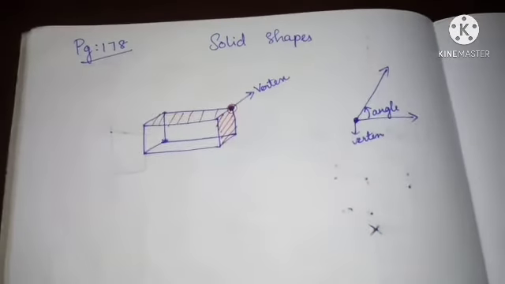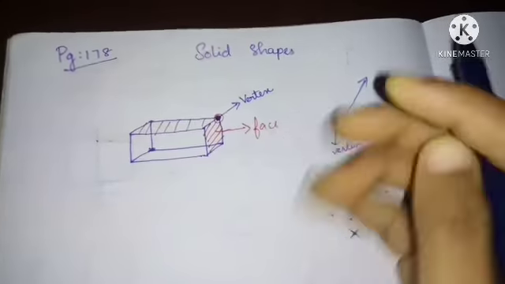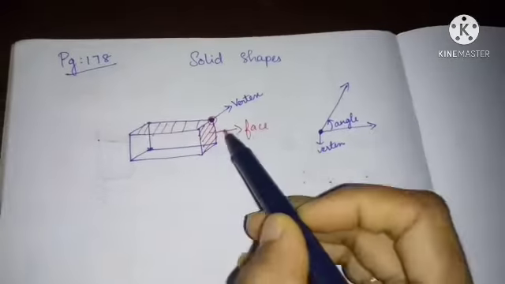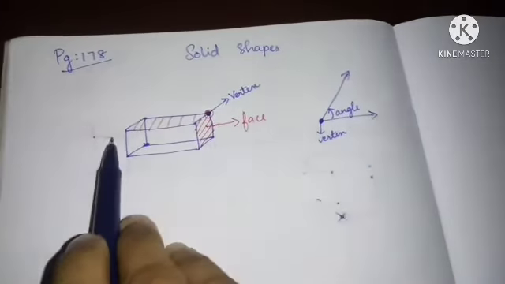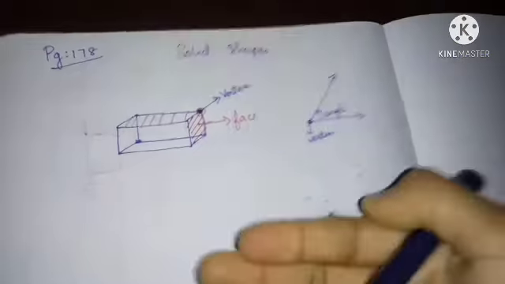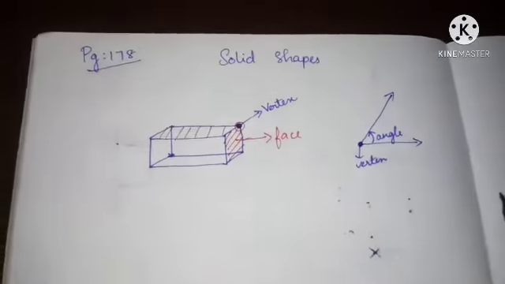That surface is called a face. So all the sides, this side you have, and opposite to that you have front, you will have back side, you will have down, you will have up, all that region. That region is called a face.